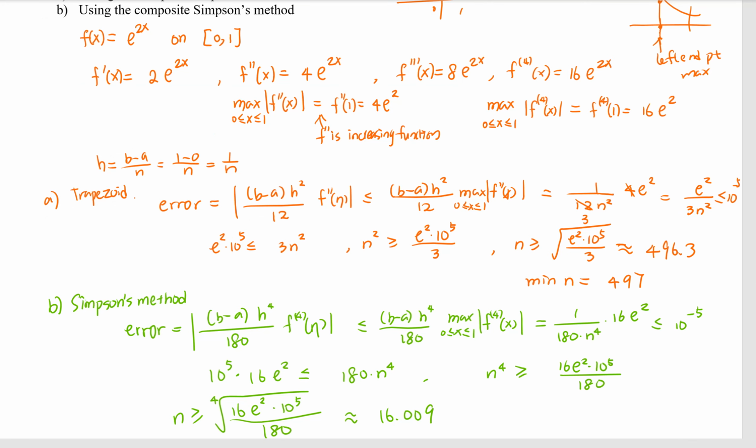Even though it's so close to 16, you still need to pick one number. Yes, 17. We're looking for an integer that is greater than or equal to 16.009.